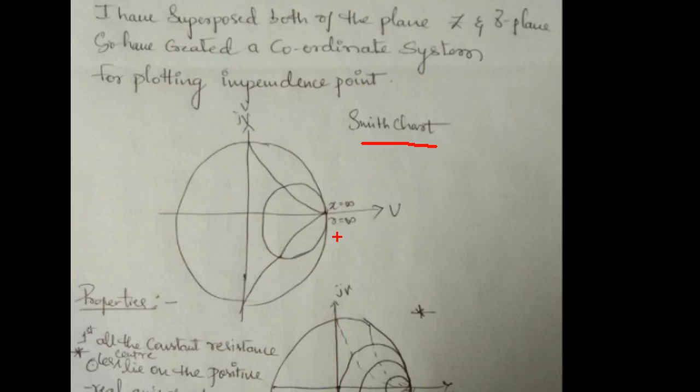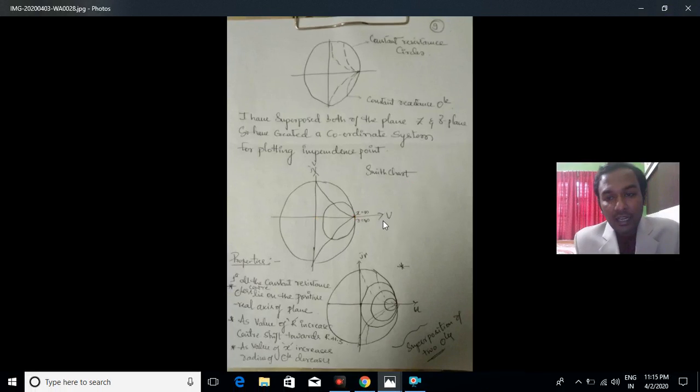So if I draw a unit circle here, the points here have already been discussed in several cases. Just for remembering purposes, I have written that this point represents x equal to infinity, r equal to infinity, and that as r increases, the radius of the circle becomes 0.